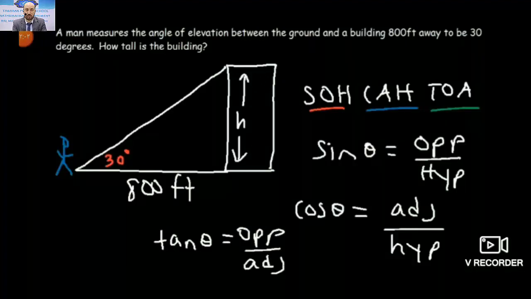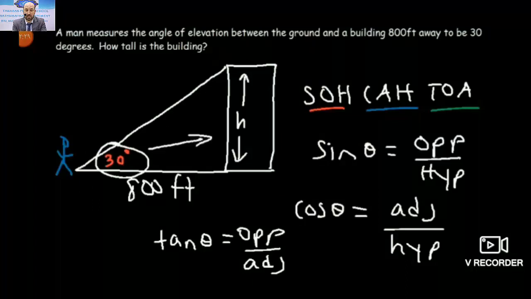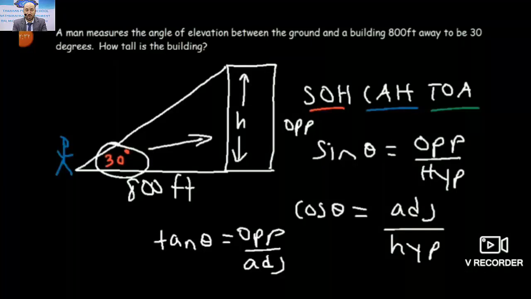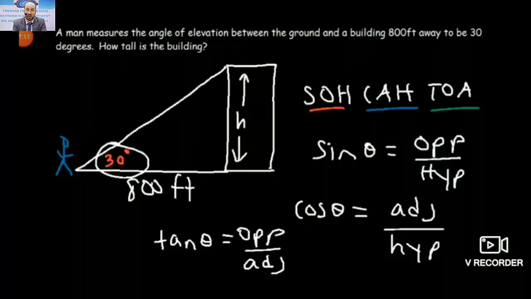Now we have to make a relationship between what we have and what we want. We have the adjacent, we have an angle equal to 30 degrees, and we need to find the height, which is the opposite. So it will be a relationship between the opposite and adjacent. Opposite here is the height of the building, and 800 feet is the adjacent, and the third side will be the hypotenuse.